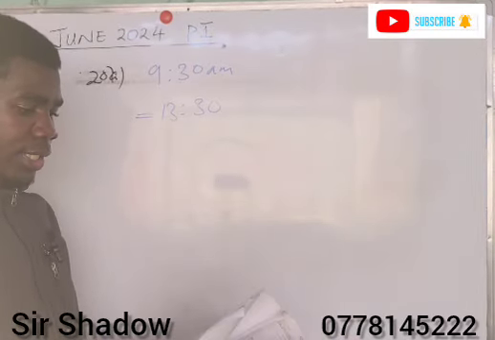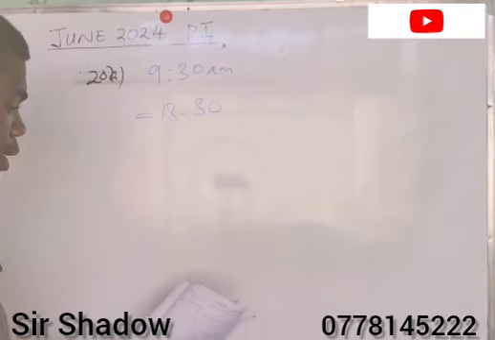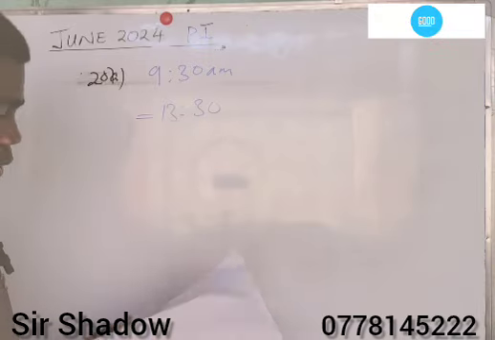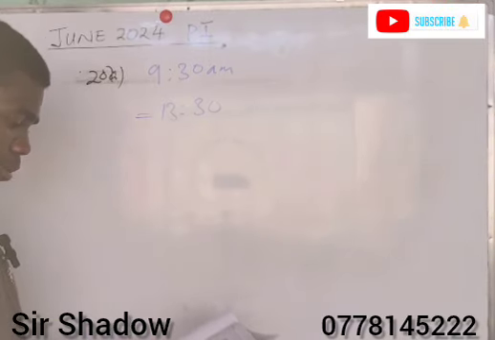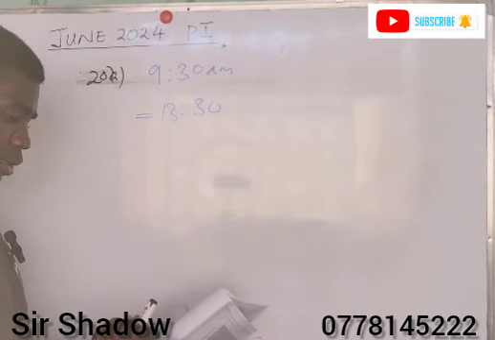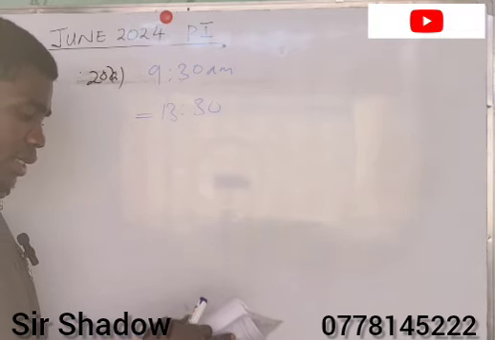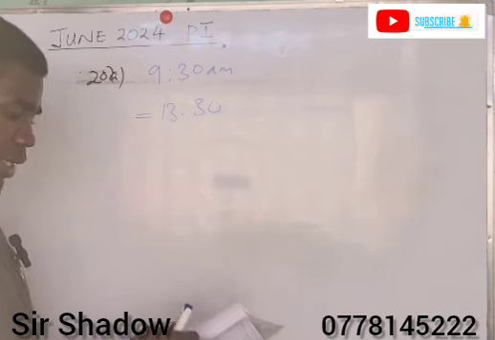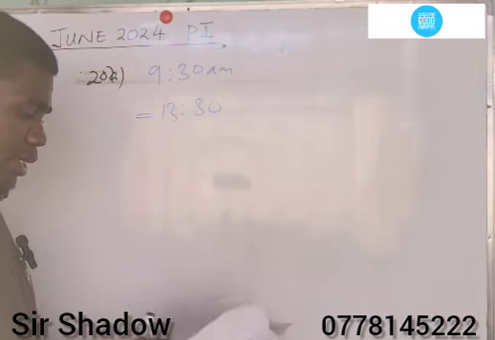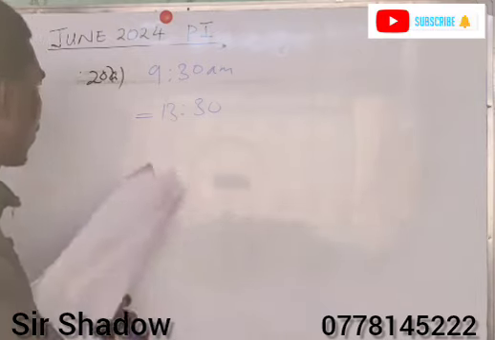Then the total distance walked. We want to find the total distance walked. The distance from 0 to 2 is 6 kilometers, plus 6 kilometers back home becomes 12.